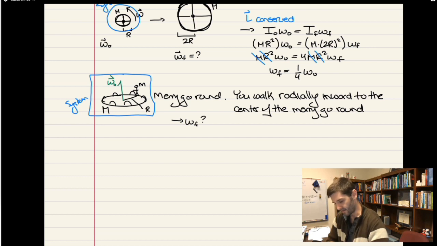The question is, what is the final angular velocity of the you plus merry-go-round system?